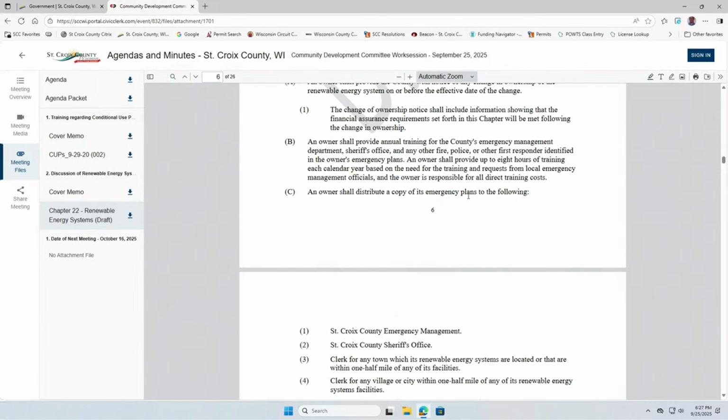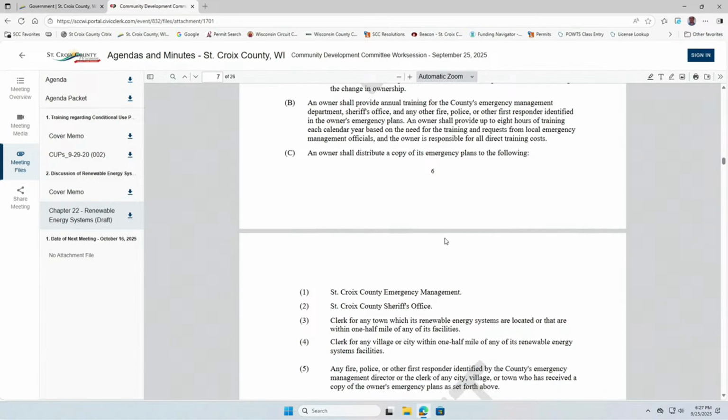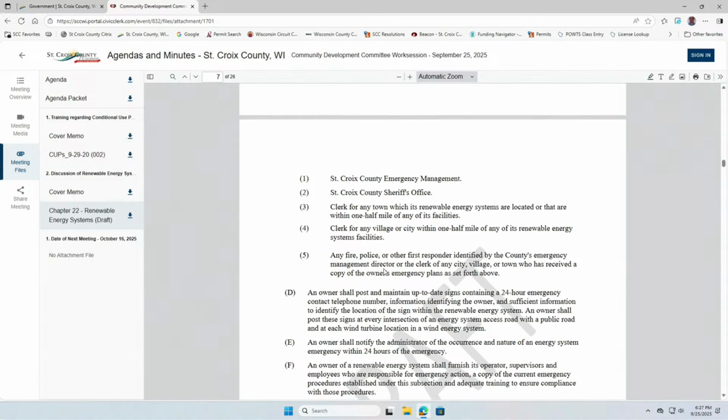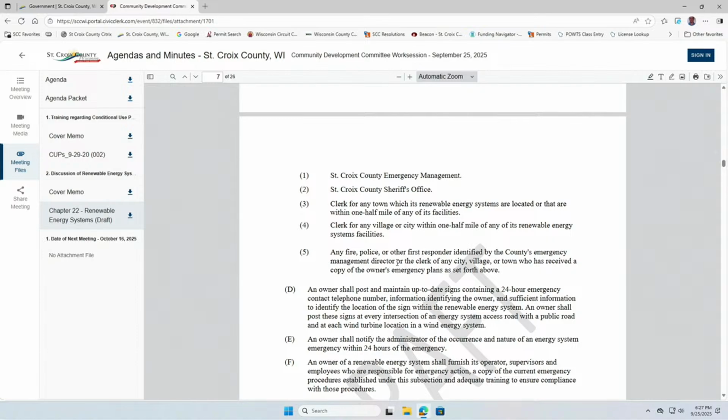The emergency plans are required to be submitted to the county, and they would be submitted to these 5 people or organizations: the county, the town clerks, also the city or village clerks within the extraterritorial zoning area of 1.5 miles, and then any other local police, first responders, and others who may need those emergency plans.